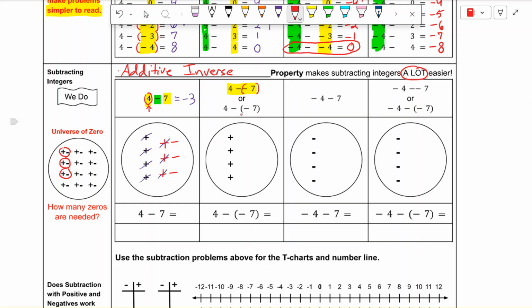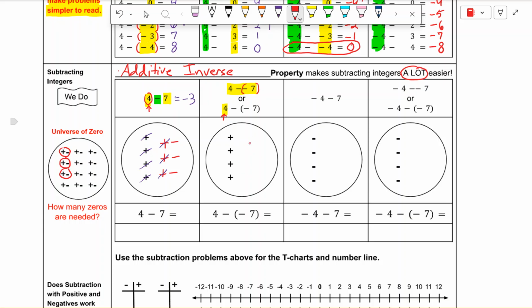All right, so let's take a look at this one. We loaded the circle with 4. And since we have 4 positives in there representing the first number, we're going to take away 7 negatives. But you can already see the problem. There are not 7 negatives inside there. Now we do not want to change the value of the 4. So we want to keep 4 as 4.